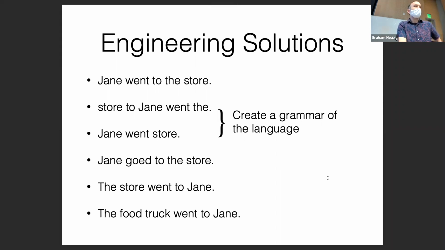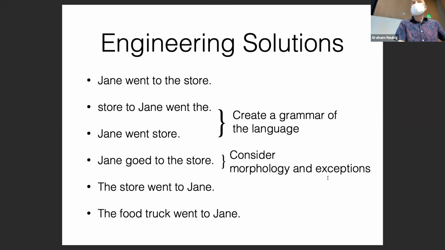We're actually going to be talking about parsing and context-free grammars and ways you could even manually create a grammar that would allow you to decide whether the sentence is correct. Consider morphology, which is basically conjugation of words, and deciding what the exceptions to those are. So "goad" might be okay if it was a regular verb, but "go" is not a regular verb. So we need to say when.